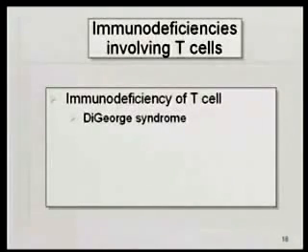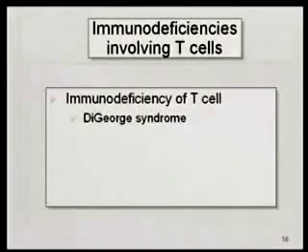In your handout, there is a table that summarizes all the diseases as well as the defect in each, and another table that describes the consequence of a particular defect. If there are no T and B cells and no immunoglobulin, obviously there's a susceptibility to almost any organism.